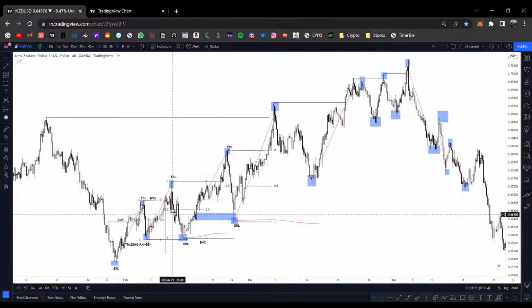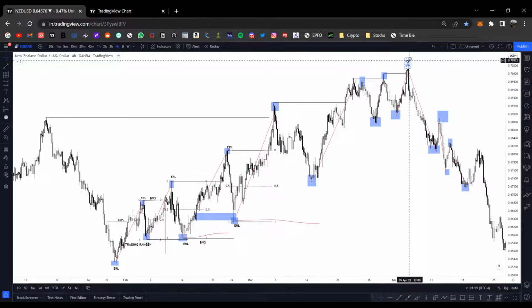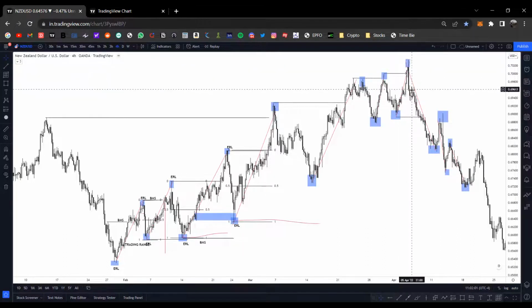You have marked the liquidity range on the right hand side. Check the price 0.6900. Yeah, this one, the right one. So here the range changes, right? Yeah, the range changes.